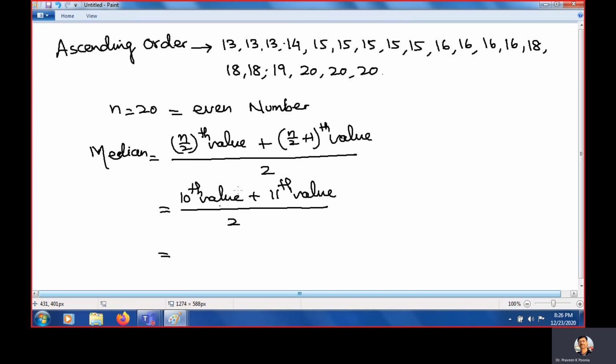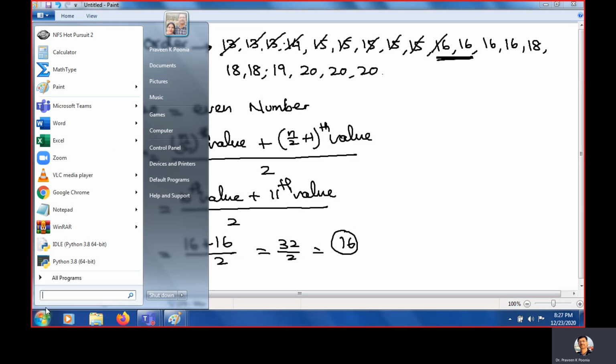What is the 10th value? Counting 1, 2, 3, up to 10, the 10th value is 16. The 11th value is also 16, upon 2. 32 upon 2, and the answer is 16. So the median of this data is 16, because these two are the middle values, and you need to find the average of these two values to get the median of the given problem.